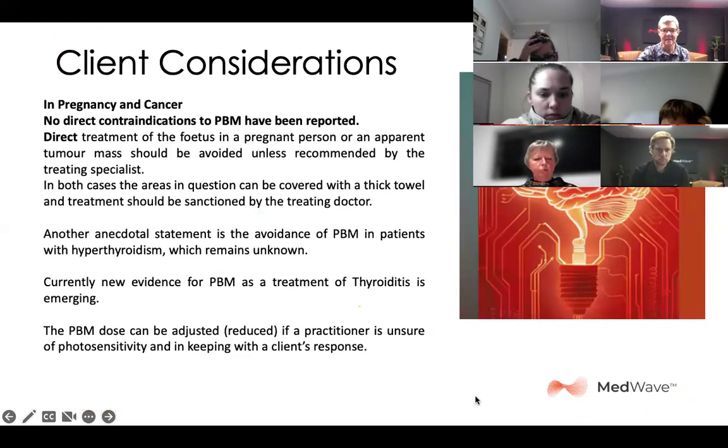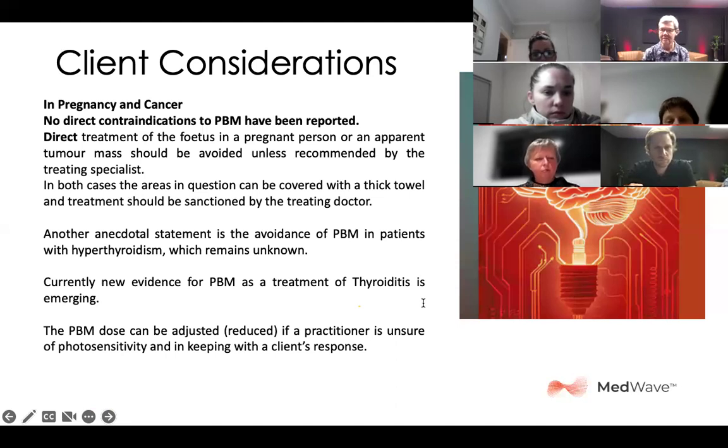And then another important consideration, and people are often talking about that, we've mentioned pregnancy. In cancer, what we say is if there's an area where someone might say, well, I've had cancer here, or I have cancer here, and they've consented and the oncologist is happy, just cover it with a towel. That's it.